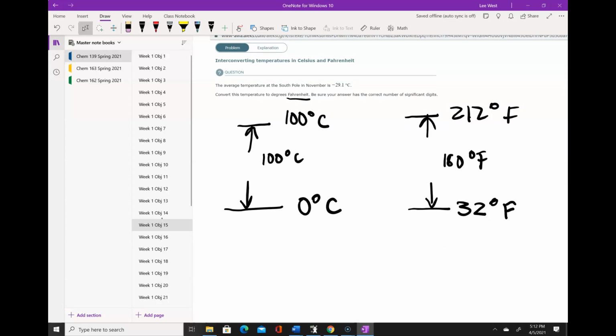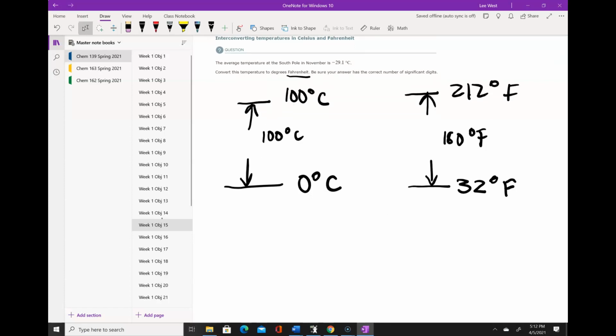So not only are the 0 points different for these two scales, the size of a Fahrenheit unit is also different from a Celsius unit. So it's kind of a little bit complex. So how do we convert? Well, we have to keep in mind that we have to account for both of these things.